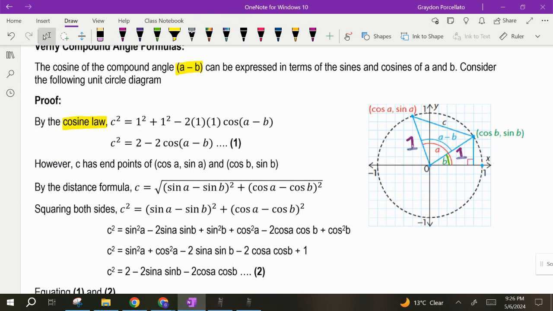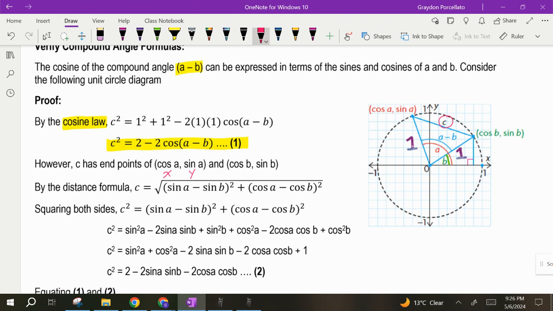So you see 1 squared plus 1 squared, those side lengths, minus 2 times 1 times 1 times cos of A minus B, is how we find side C squared. It simplifies that to create an equation for C squared, the length of that side squared. However, C has endpoints, and we know from writing points in terms of cosine and sine that your x is always related to your cosine of A, and your y is always related to your sine of A.